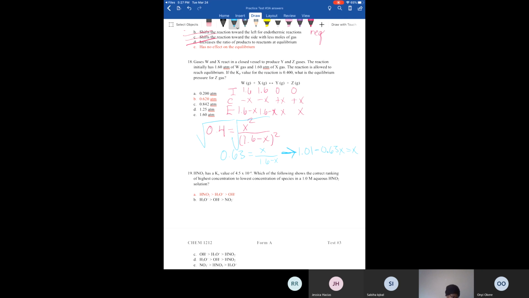So 1.01 divided by 1.63, so x equals 0.62. And this is just me quickly working. All I did was solve for x. So if you were to add 0.63x on both sides and then divide, you would get 1.63x equals 1.01, and then you just divide by 1.63 to get 0.62.